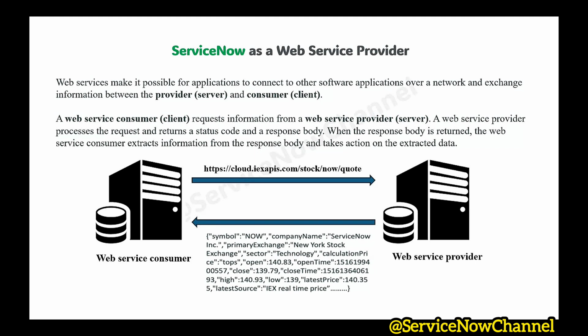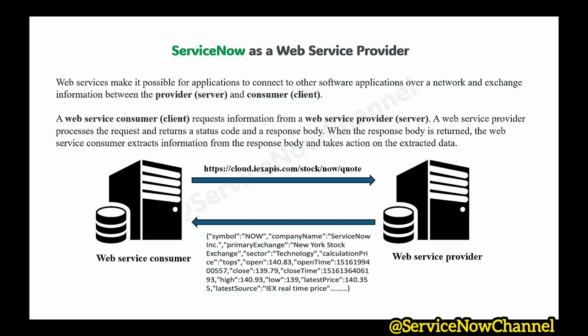The web service consumer extracts the information from that response body, which is in JSON format or some other format, depending on the case, and takes action on the extracted data. We will see in future videos how it works. So it sends a REST API request from consumer to provider.